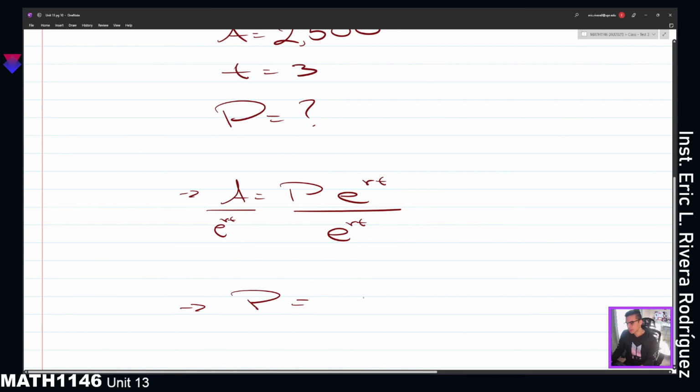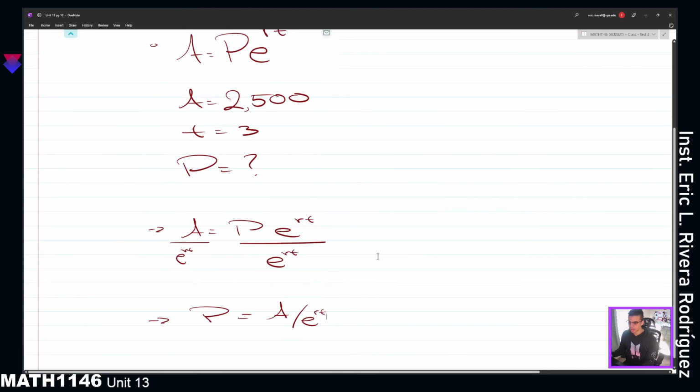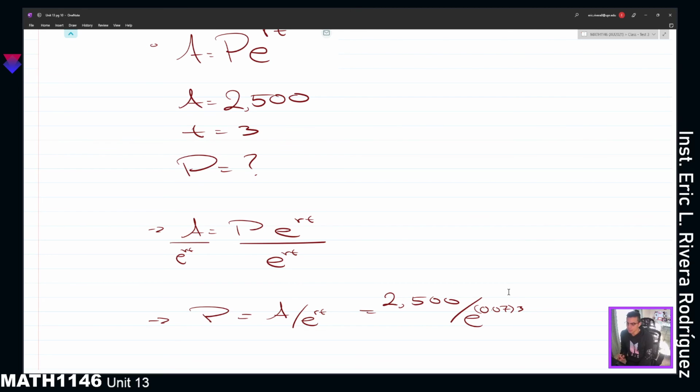So I have P = A over e^(rt), and then I substitute the values that we have. So 2,500 over e raised to the power 0.07 times 3. Okay, and the rest is just to solve the exercise.